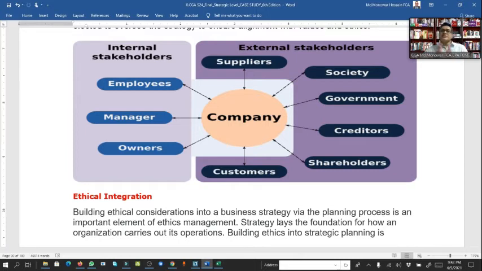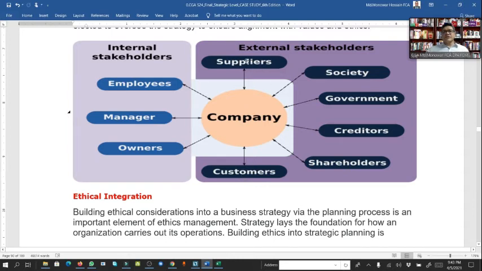External stakeholders are suppliers, society, that is the country, government for tax and other purposes, creditors, and shareholders. These shareholders are preference shareholders, etc. And also our main thing is the customer.